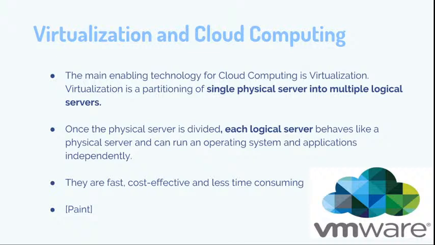A simple explanation of virtualization is, for example, I have a Windows OS on my PC and I need to install Mac OS or Ubuntu on my PC. What we have to do is erase that Windows OS and then install the new OS, Ubuntu.